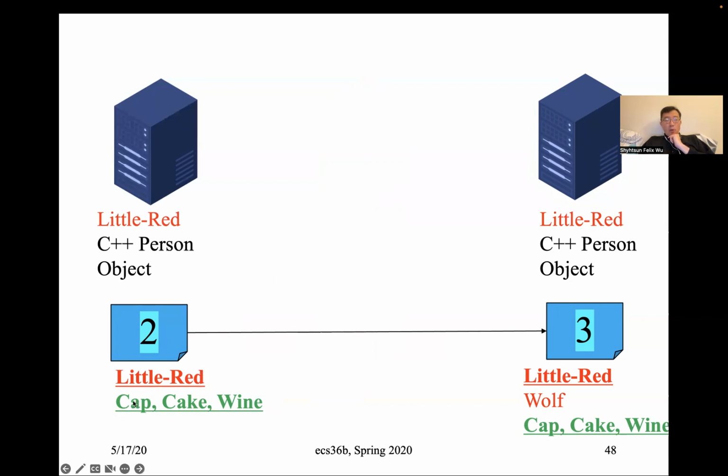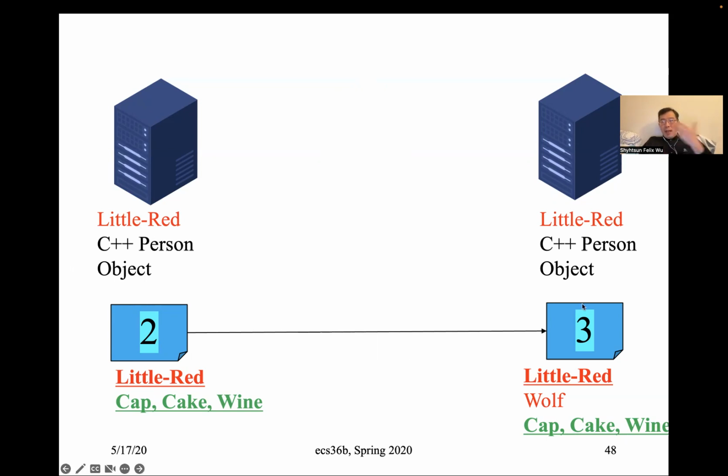And you also move three things: cap needs to be moved, cake needs to be moved, and wine needs to be moved. All right. And by the way, wolf doesn't need to be moved because wolf is not represented in the previous records, records 1 and 2. So for this homework assignment you don't need to move it. You might need to move it in another way, but today we simplify.